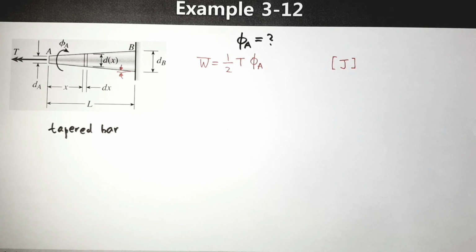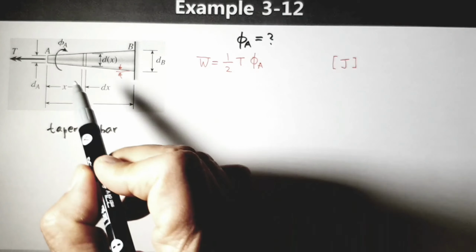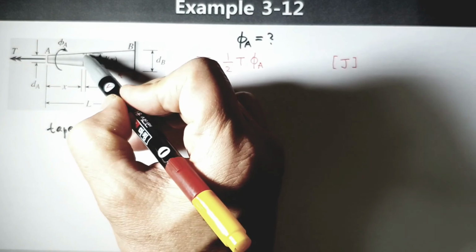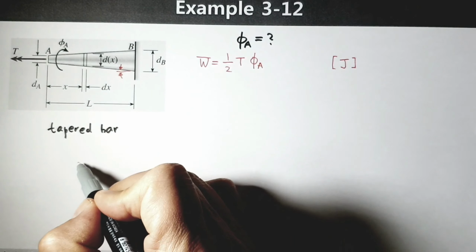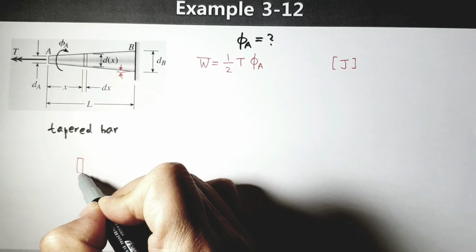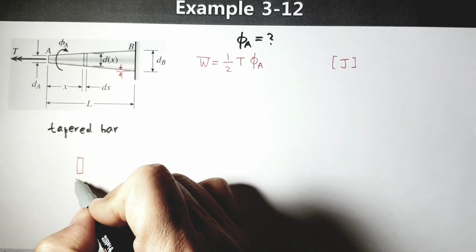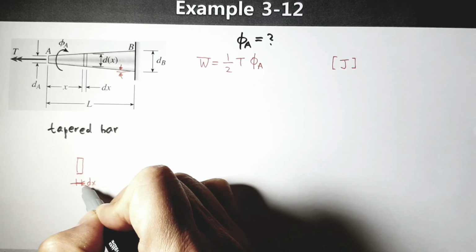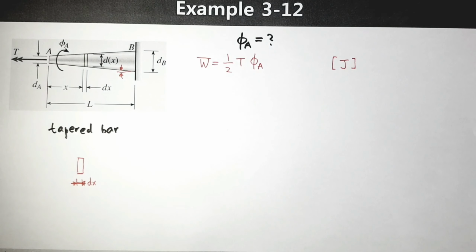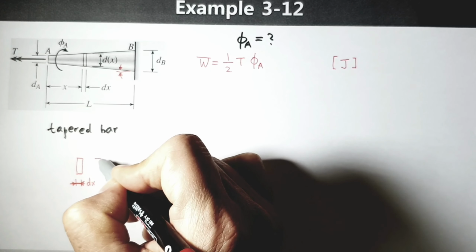In order to find that, we introduce a very small infinitesimal element. We take this very small one, with thickness dx. The cross section is a circle, and this is a very thin disc, if you want.